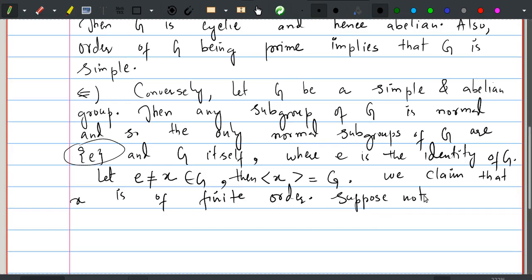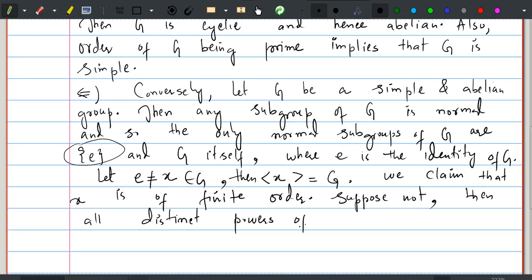Then all distinct powers of x are distinct elements.